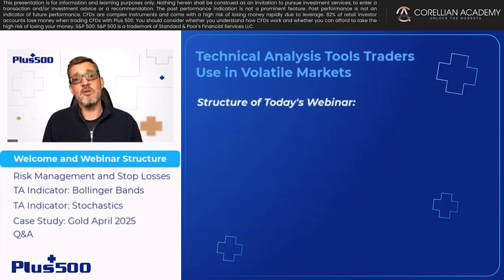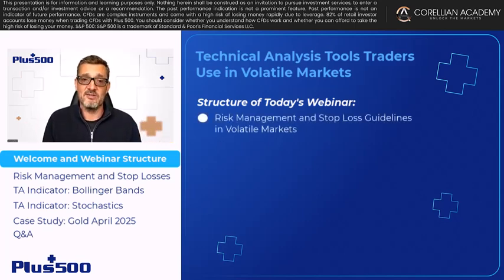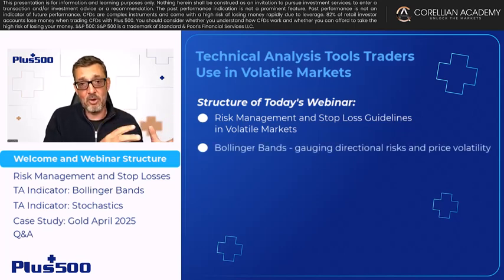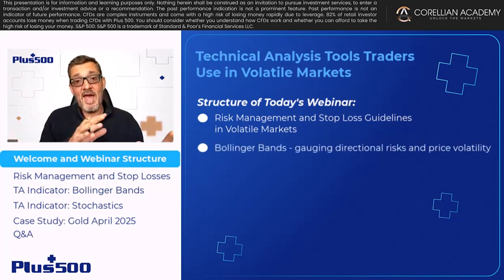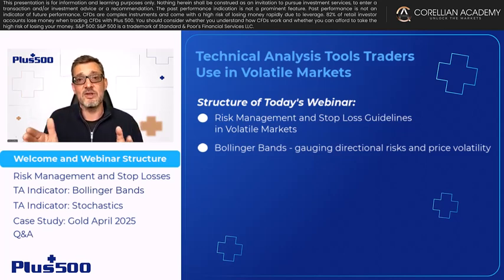On screen for you now is what I'll cover today. First, I'm going to talk briefly about risk management and stop-loss guidelines when trading in volatile markets. I'll then move on to discussing Bollinger Bands, specifically how they can be useful in helping to establish the directional risk of the CFD that you may be focused on, and how they can be used to gauge increasing volatility in CFD prices.